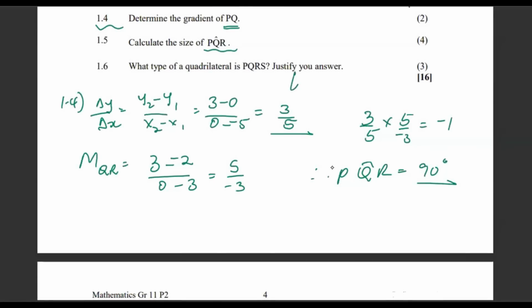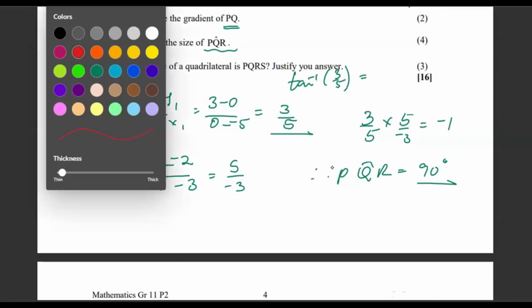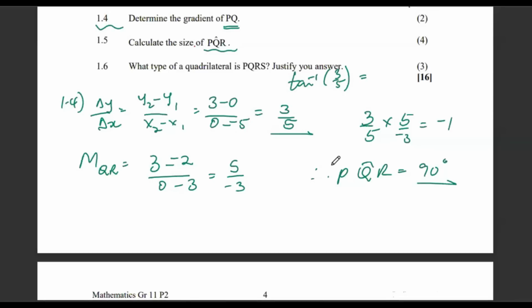Okay, find the arctan of 3/5. Let's see, we're saying shift tan of 3/5. That gives me 30.96.